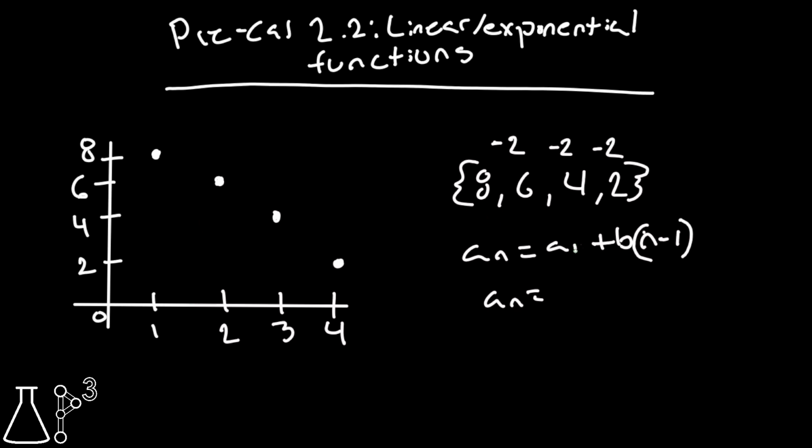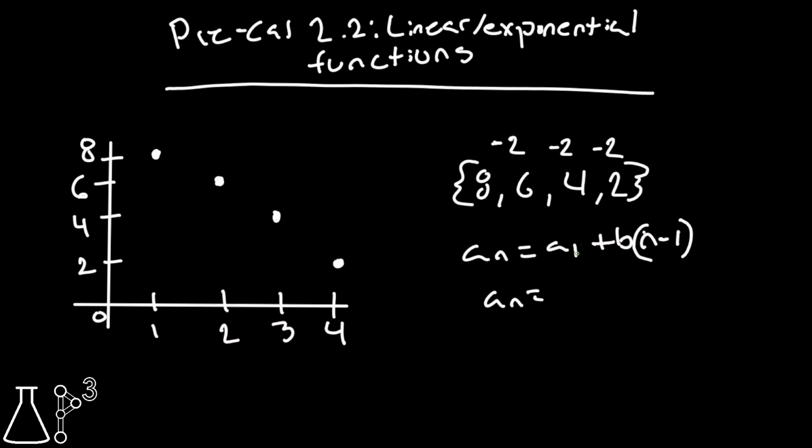So what you can do is subtract 1 from the n, and now your initial a will be a_1. This also works if, for example, you start with a_3, right? If you start with a_3, you'd have a_3 here plus b times n minus 3. So that's just the general rule for what you would do in that case.